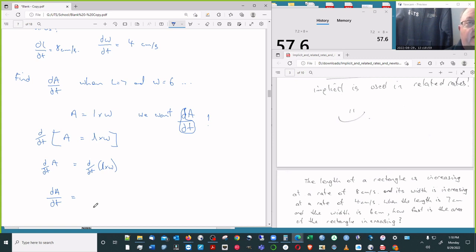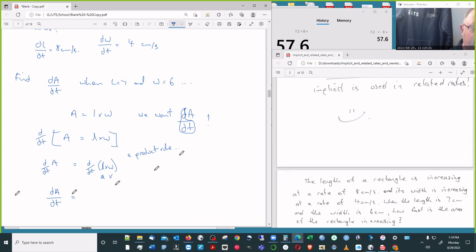We're differentiating a product. What do you do when you differentiate a product? You have to use the product rule. The fact that it's hidden inside implicit isn't the point. So we're going to have to assign u and v.